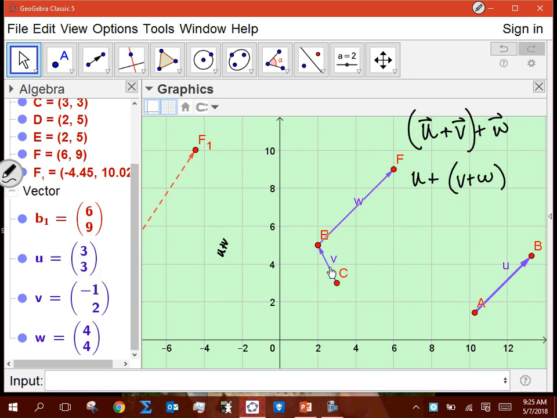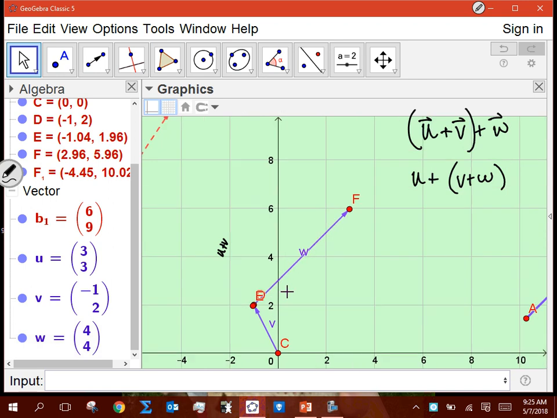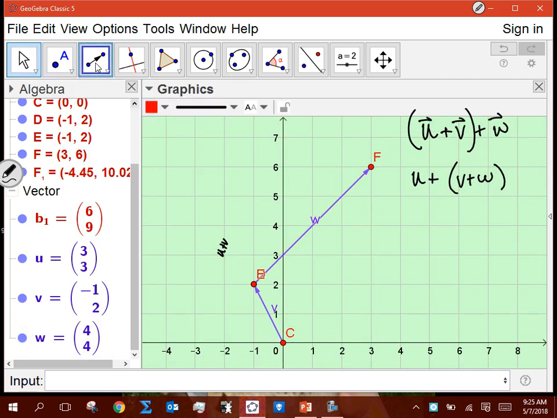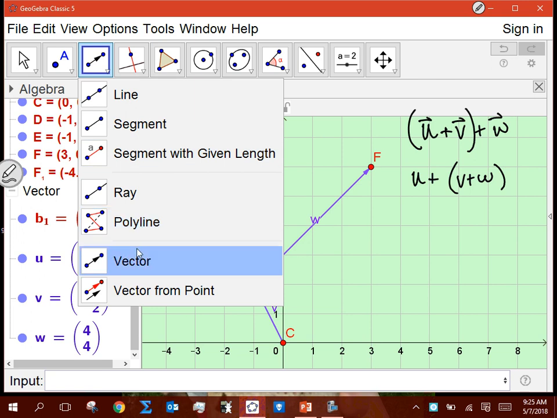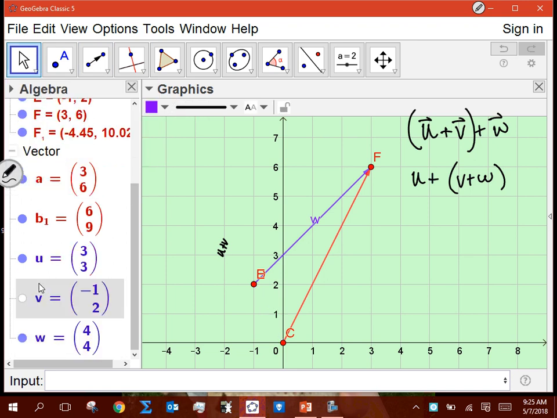Okay, so I'm going to put v down here first, then add w to it. So that resultant of v plus w should give me that. Does that make sense? Okay, so now let's hide v and w.